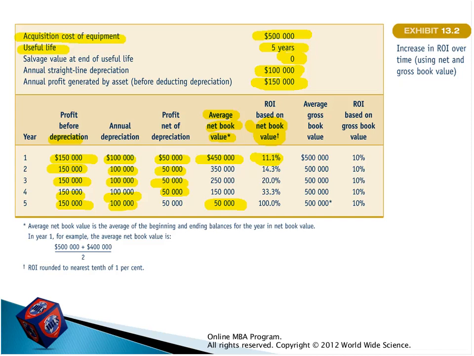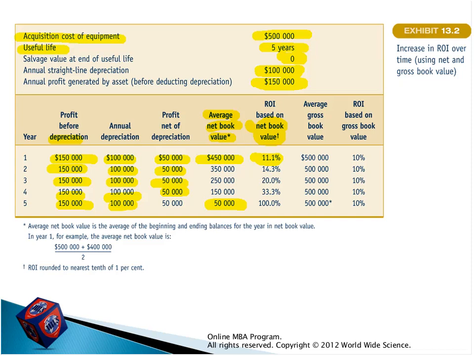Okay, 50,000 divided by 450, which is the average net book value from the project, multiplied by 100%, you will get 11.1% of return on investment. That means we received 11% of profit from the invested capital. So this is for the first year.